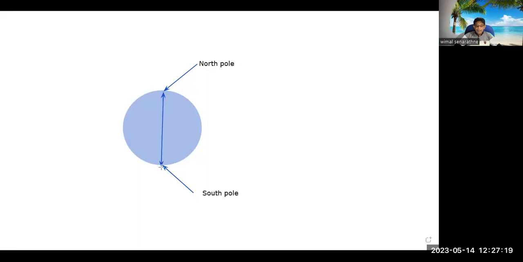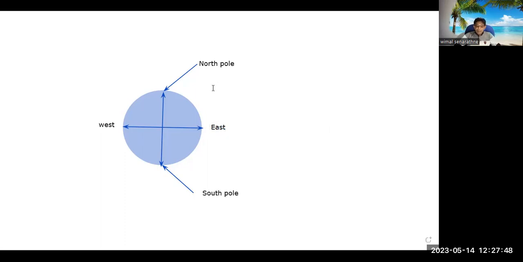Then this length, right? And this length, not similar, different, right? This is the west, and this is east, right?